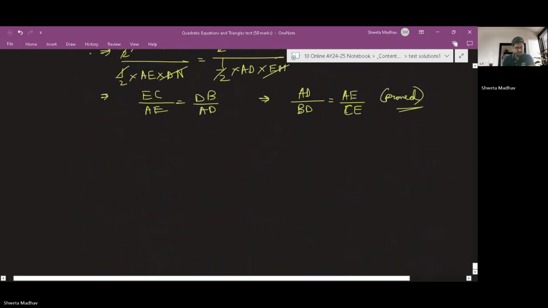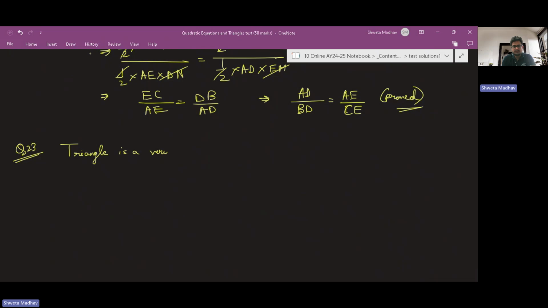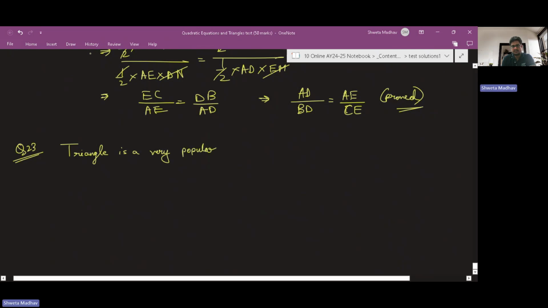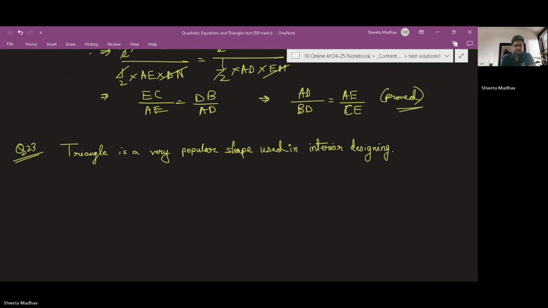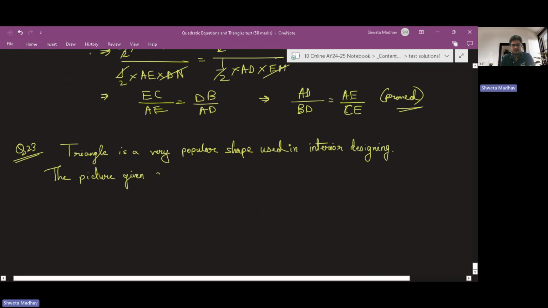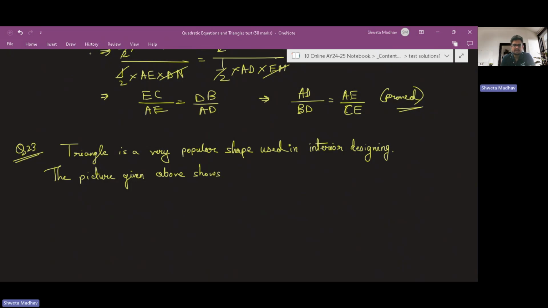Now, in question number 23, it is told that triangle is a very popular shape used in interior designing.